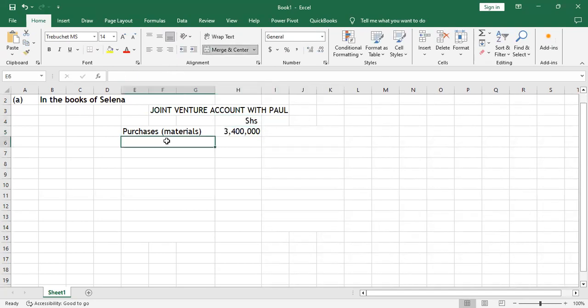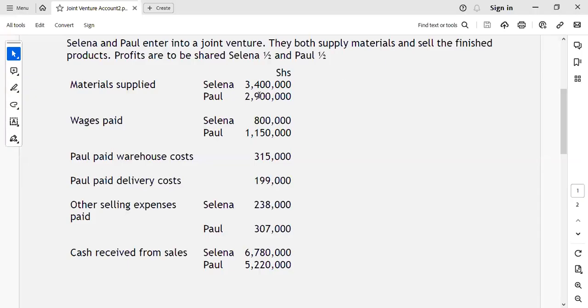So we have that. Then you also see, let us check again and see what else Selena paid. Selena also paid wages of 800,000.